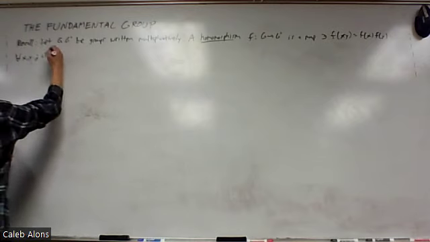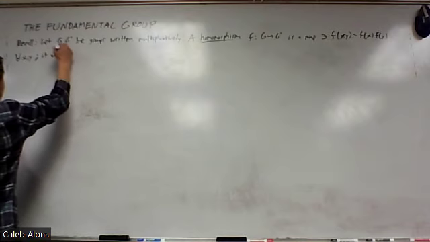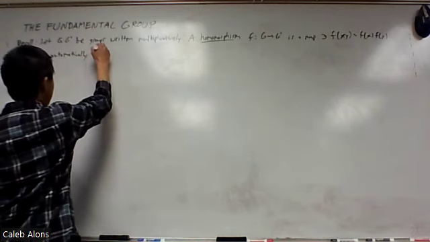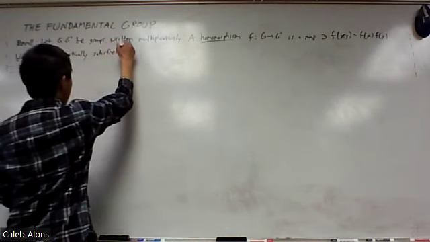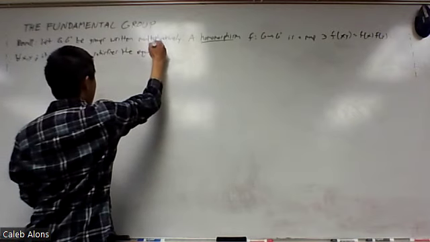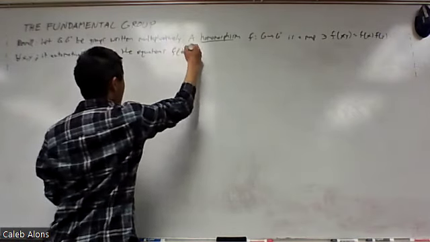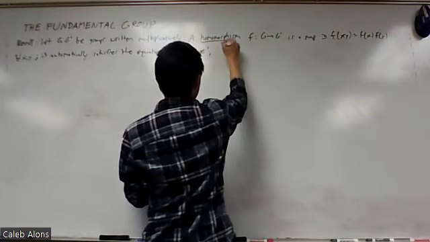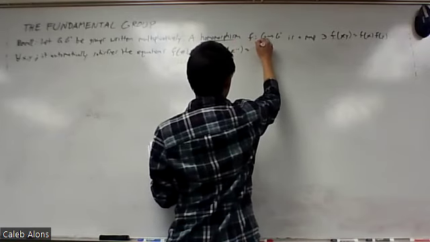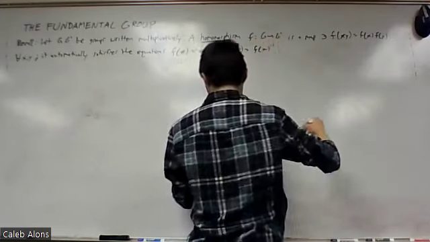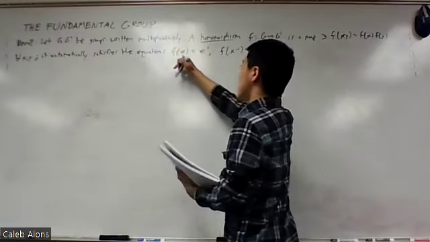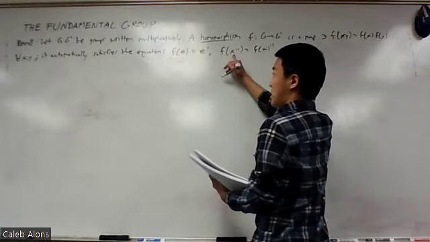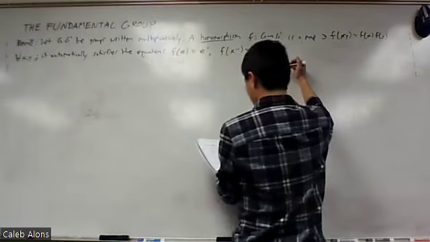And it automatically satisfies the equations f of e is e prime, so identity goes to identity, and inverse goes to inverse. So this denotes the identity in G prime, and the inverse element in G prime.